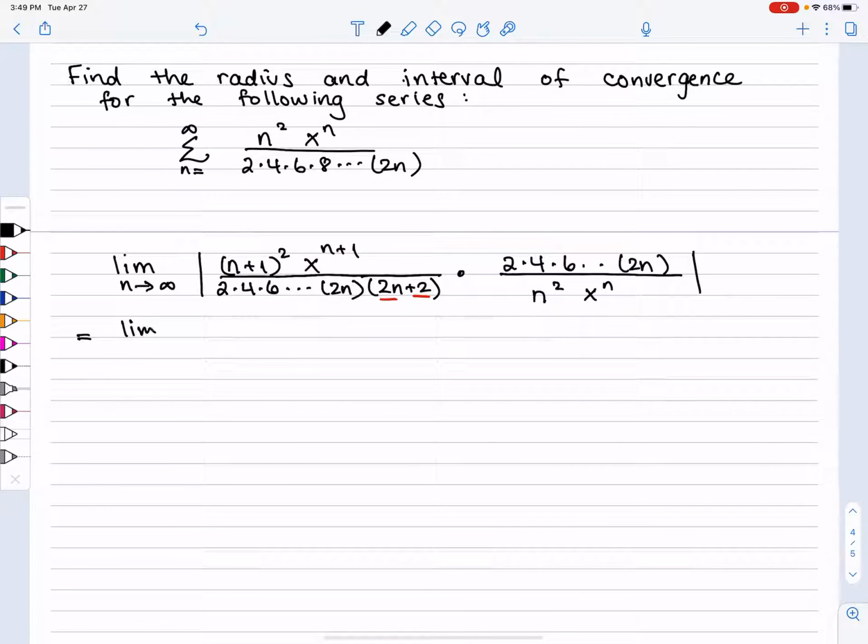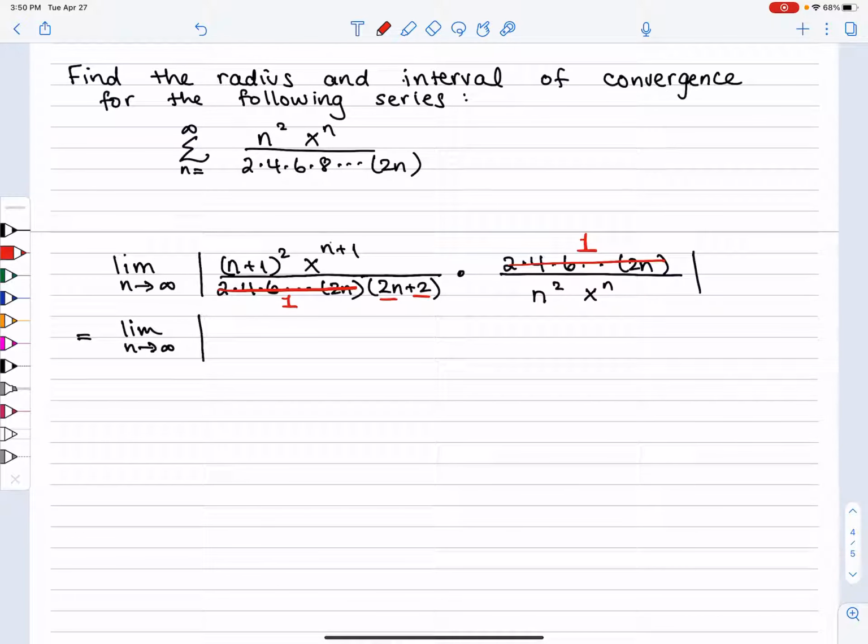So this will be equal to the limit as n approaches infinity of, let's simplify a couple of things. We can simplify 2 times 4 times 6 all the way to 2n with 2 times 4 times 6 all the way to 2n. That becomes 1.